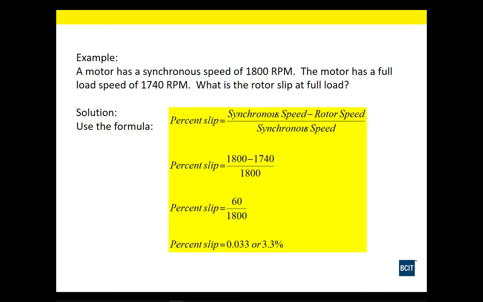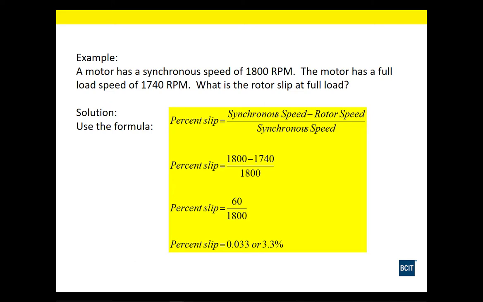So if we had a synchronous speed of a motor at 1800 RPM, and the motor has a full load speed of 1740, what would the slip be? Well, we use this formula here. For a percentage, we get our synchronous speed, we subtract our rotor speed, so 1800 RPM minus 1740 RPM is going to give us 60 RPM.